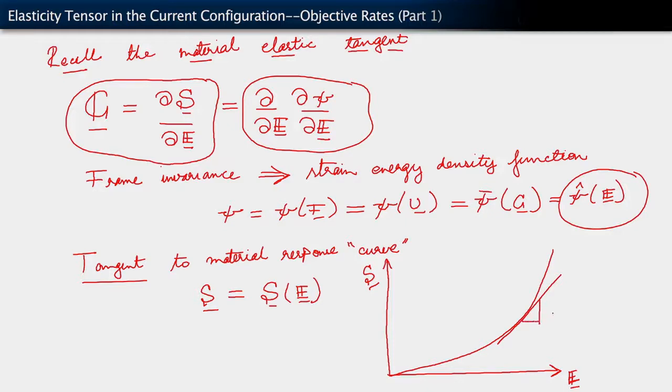Or more correctly, in some sense the slope of this tangent is given by C, the elasticity tangent. Of course, all of this is sort of schematic, because we're working in higher dimensional spaces. Nevertheless, what use is it? What it is useful for is that it gives us the material rate, or the material time derivative, of the stress.